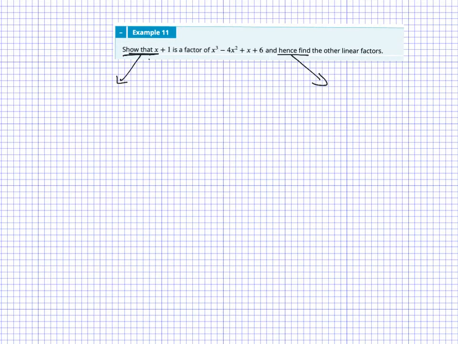All right, so that part there, this part here. So show that means that I have to tell you or prove to you the information that you've already been told. So it says that x plus 1 is a factor. So this implies that substituting minus 1 into the polynomial produces a remainder of 0. All right, so I have to show that that is actually the case.